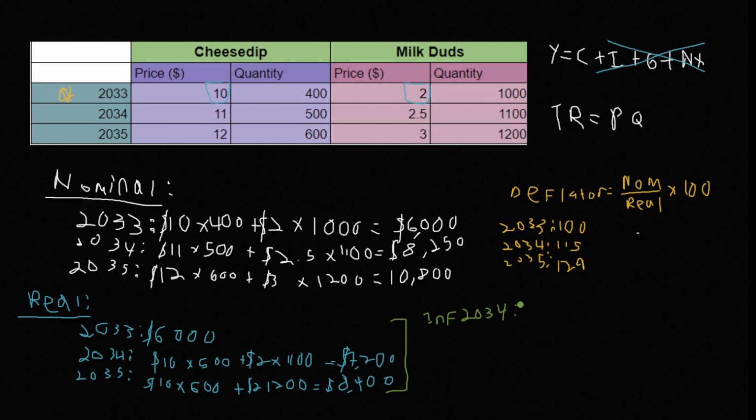The inflation for 2034 is going to be the GDP of the current year, which is 7,200, minus the GDP of the old year, 6,000, and then divided by the GDP of the old year, 6,000, and then times 100%, of course.